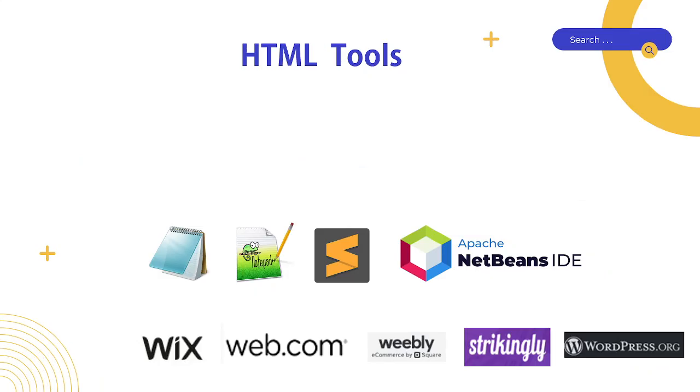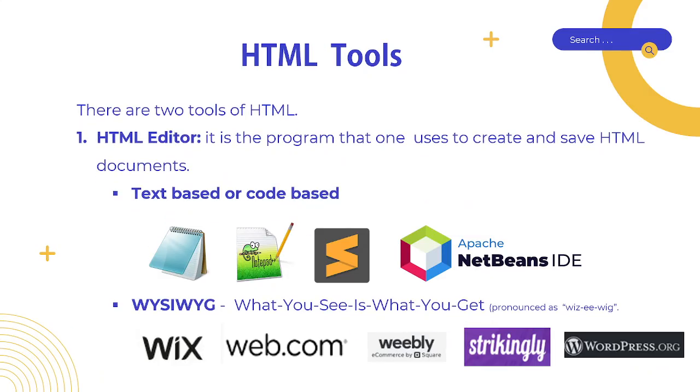So here are the HTML tools, and there are two. First one is the HTML editor. It is a program that one uses to create and save HTML documents. Under this are text-based or code-based editors, like Notepad, Notepad++, Sublime, and Apache NetBeans IDE.